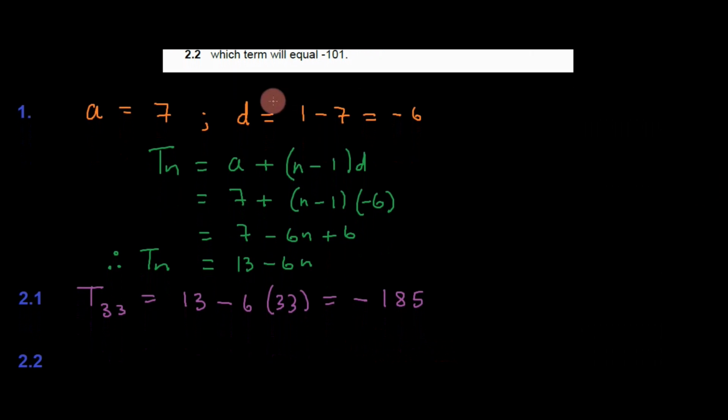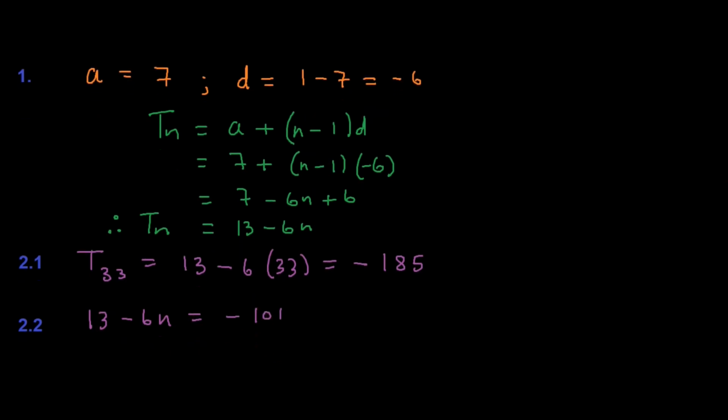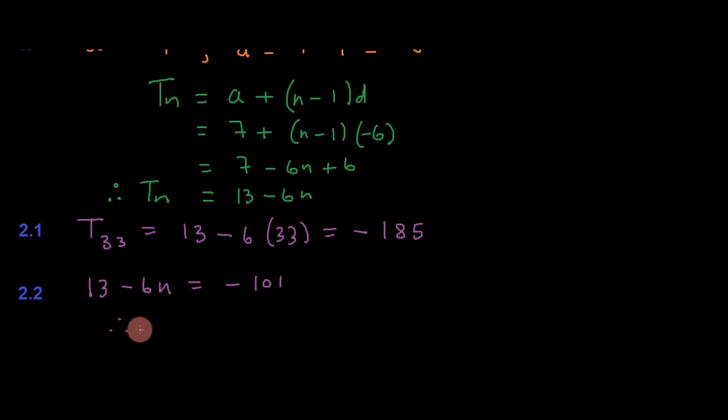We have to find out which term will equal negative 101. So we merely make t sub n equal to negative 101 and we solve for n. So 13 minus 6n must be negative 101. We solve for n, and n will equal negative 114 divided by negative 6.